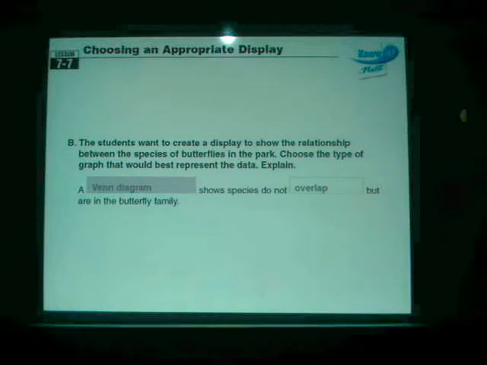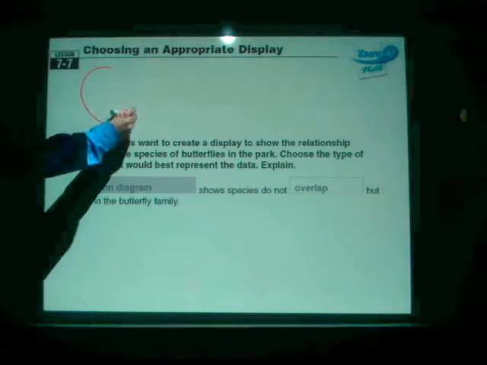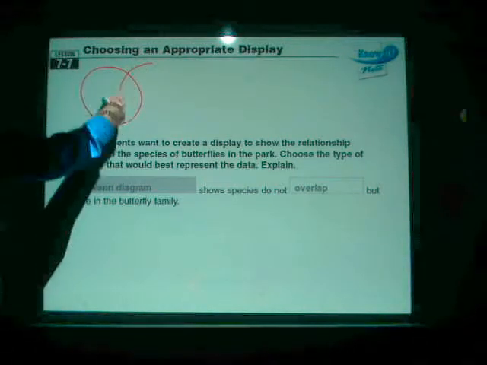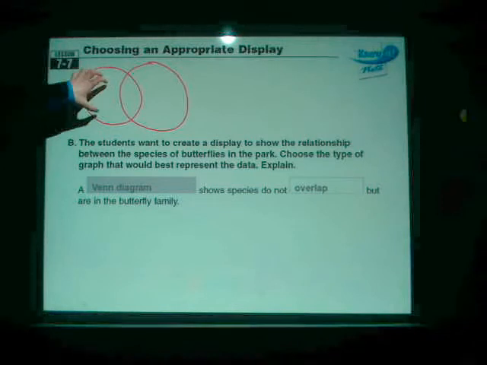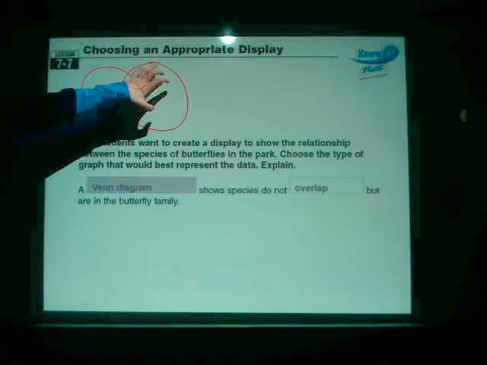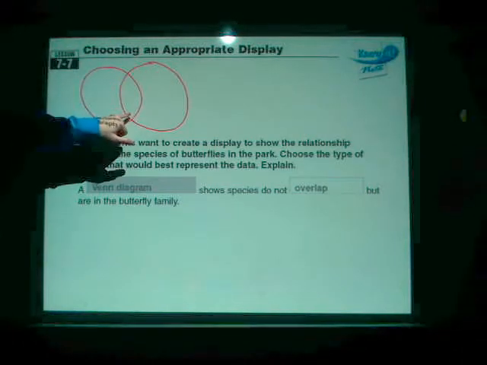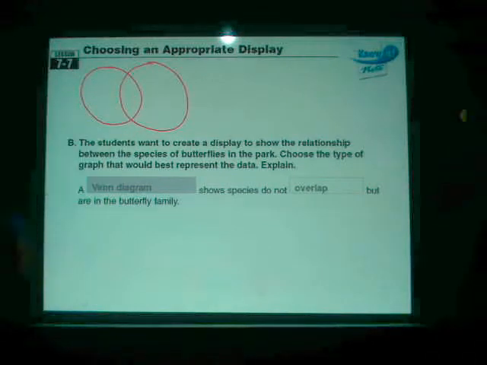A Venn diagram, in case you have forgotten, is 2 circles which overlap, or potentially more. One circle represents one item, a second circle represents a second item, and the area in which they overlap is where you put what's in common between those sets of numbers.